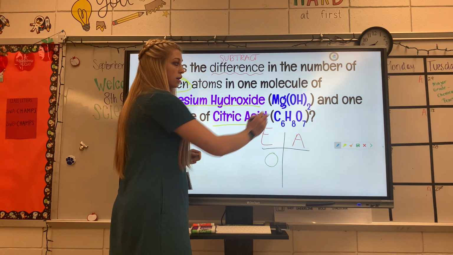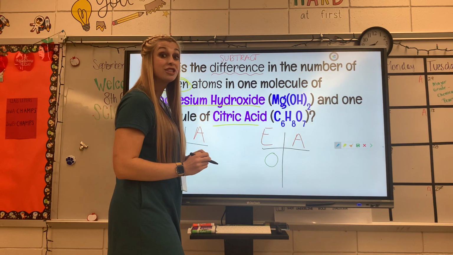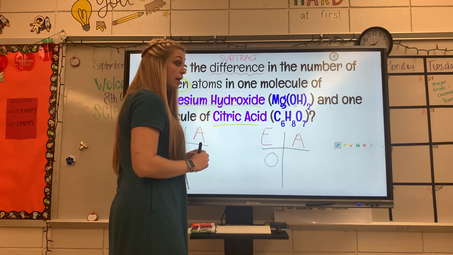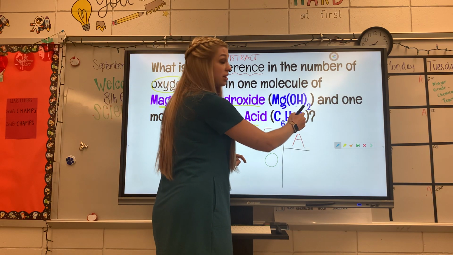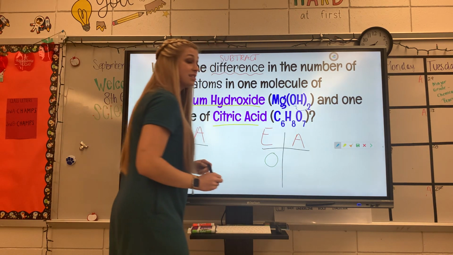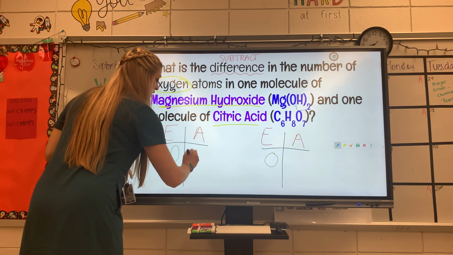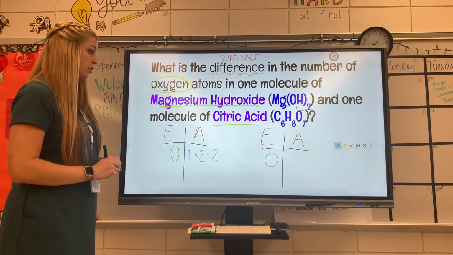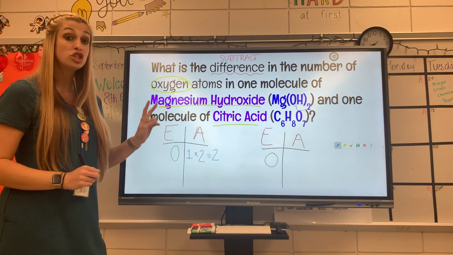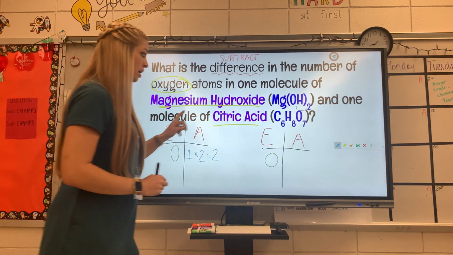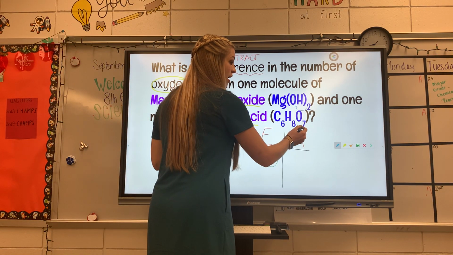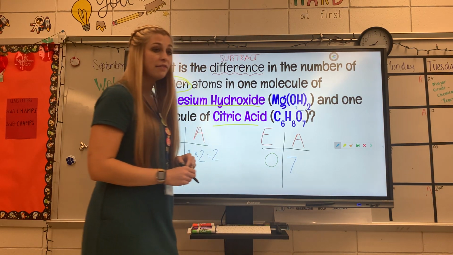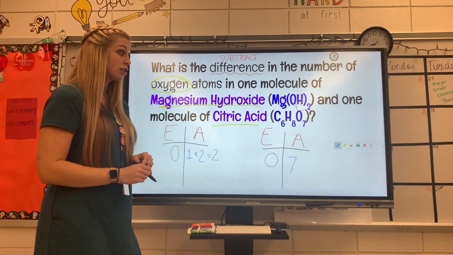And then let's look. In magnesium hydroxide, oxygen doesn't have a subscript. So I need to give it a 1. But we also have this number outside of the parentheses. So I'm going to have to distribute. So 1 times 2 equals 2. So in magnesium hydroxide, there's 2 atoms of oxygen. In citric acid, oxygen has a subscript, it's 7. So there are 7 atoms of oxygen in citric acid.